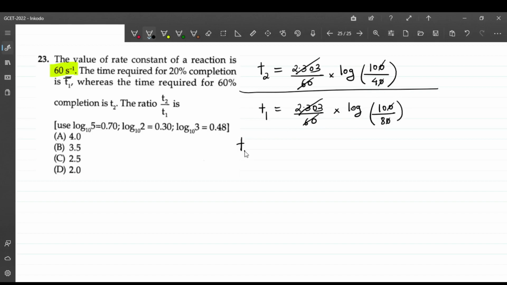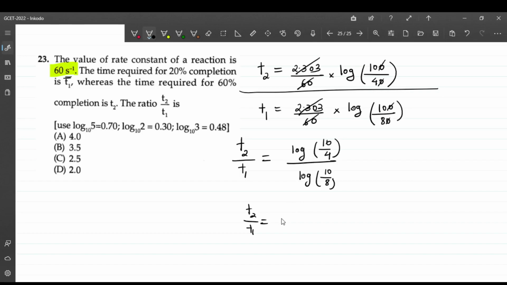So T2 by T1 will be equal to log of 10 by 4 divided by log of 10 by 8. This is a very easy question and can be solved in the simplest manner.